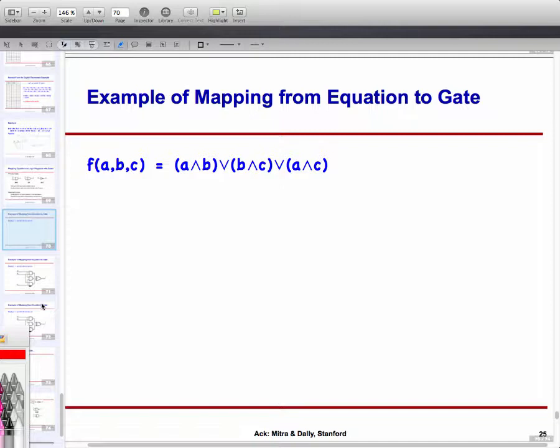So we're going to draw it out, mapping to gates. At the top level, I am ORing three things: whatever is in this first grouping, whatever is out here, and whatever is out here. So at the highest level I have an OR gate with three inputs. The first input is A and B, so that's an AND gate.